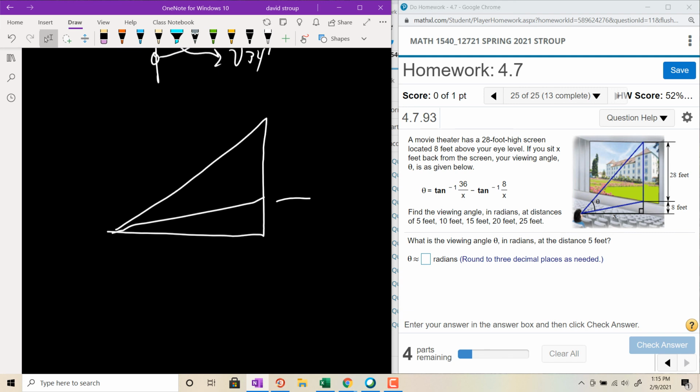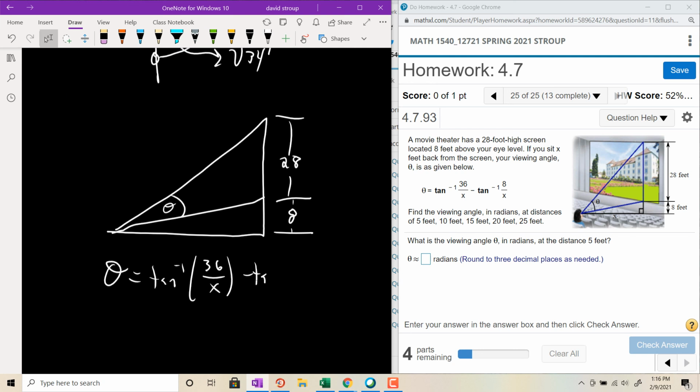We have 8 foot right here, and then 28 feet in this interval. And then we have our theta right here. They're even telling us what theta is. So theta is tan inverse of 36 over x minus tan inverse of 8 over x.